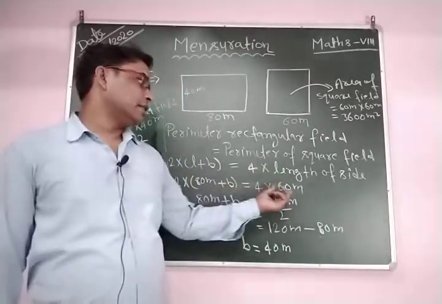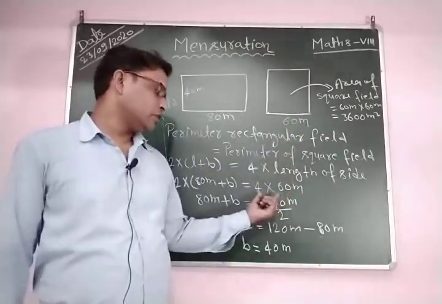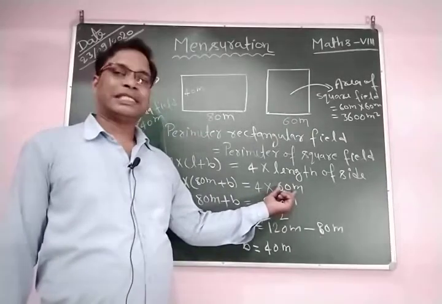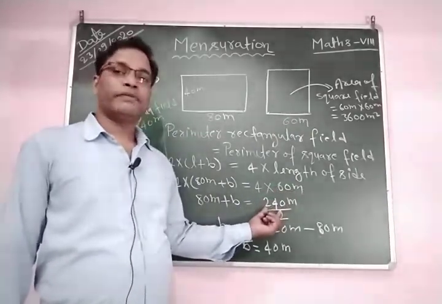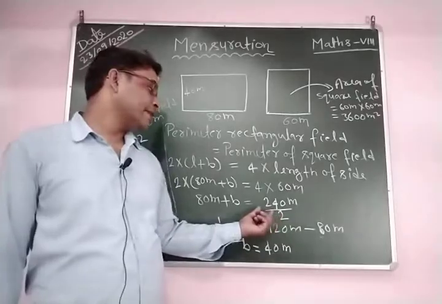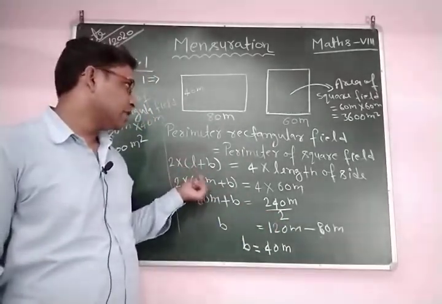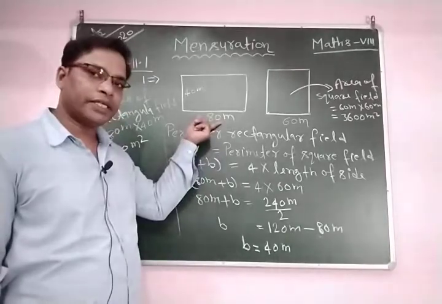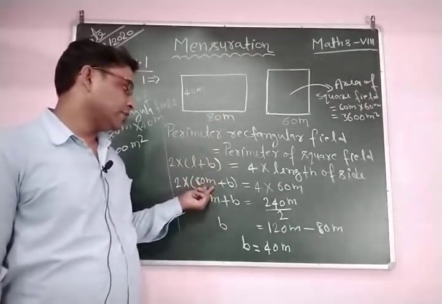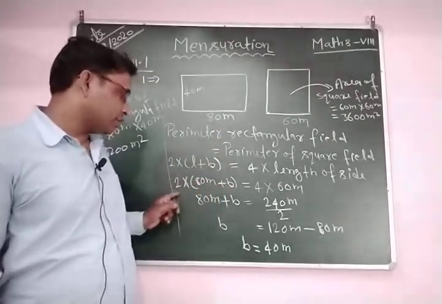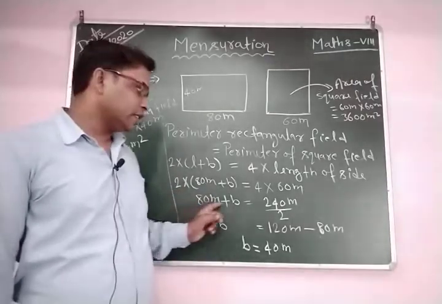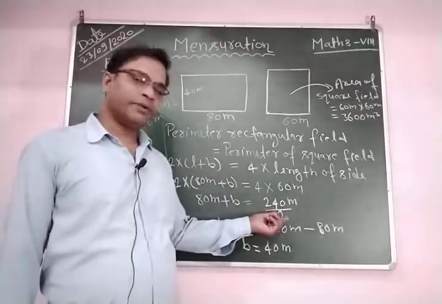Clear? The side of the square is given 60 meters, so here put 4 into 60, this is equal to 240 meters. Okay, now on the left hand side we put the value of l. The length of the rectangular field is 80 meter, so here we write 80 meter plus breadth, and now we transpose the 2 to the right hand side, then 240 is divided by 2.